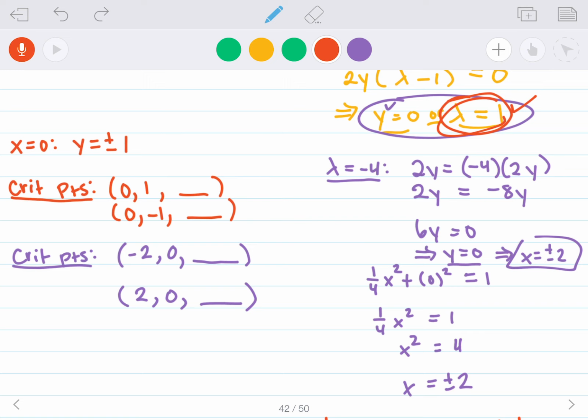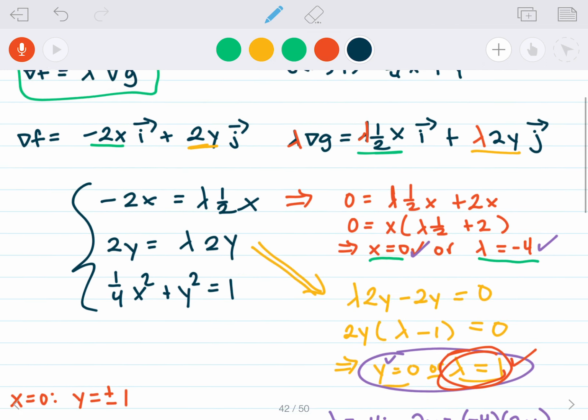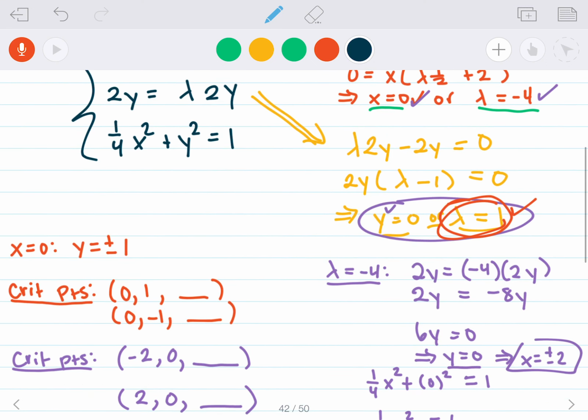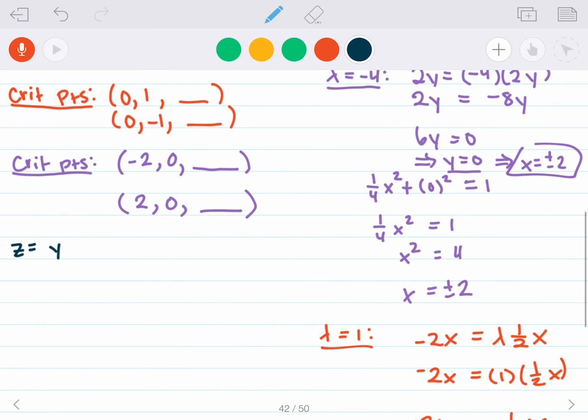So let's see. What was our surface function? Our surface function was z equals, let's see. Oh, y squared minus x squared. So if I plug in these guys for my critical point, if I do f of 0, 1, I get 1 squared minus 0 squared is equal to 1.